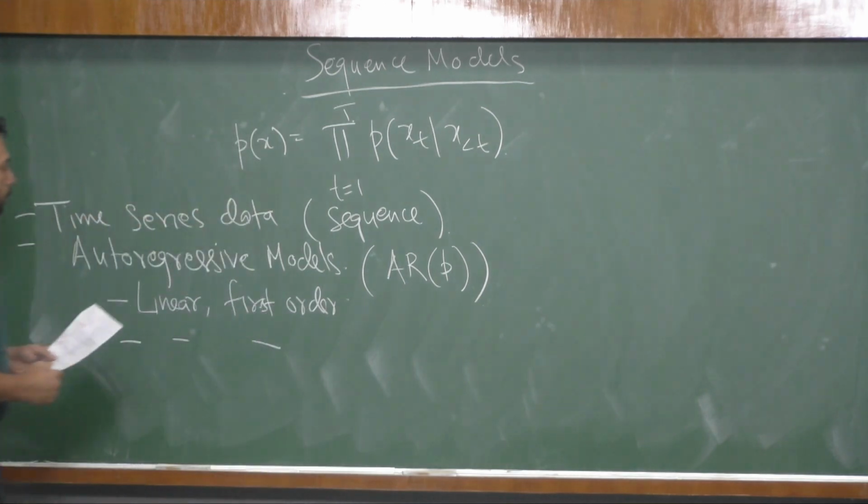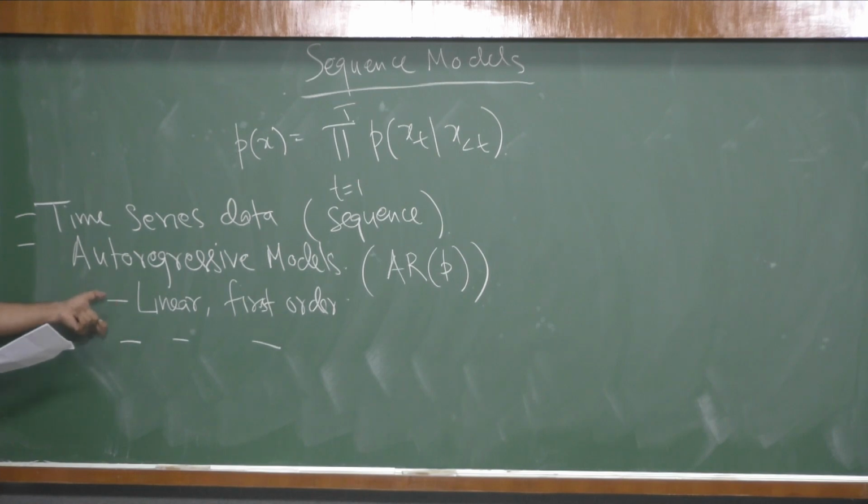Rather, we will jump into neural autoregressive models and let them generalize via nonlinearities. But it is a good idea to look at least at the basic linear first order case. Okay, so that will be the plan.